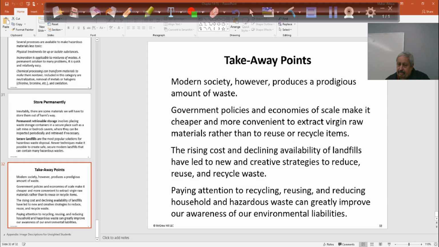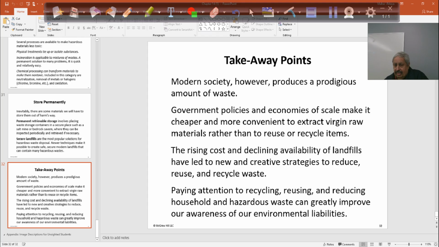They can encourage a lot of technologies to deal with and manage this waste, and they can scale this waste to be cheaper and more convenient than extracting original or virgin raw materials rather than reusing or recycling those wastes.